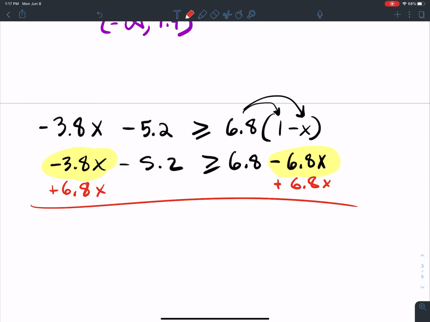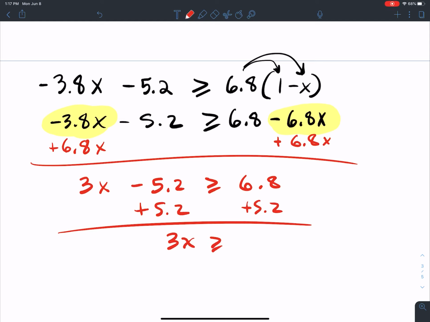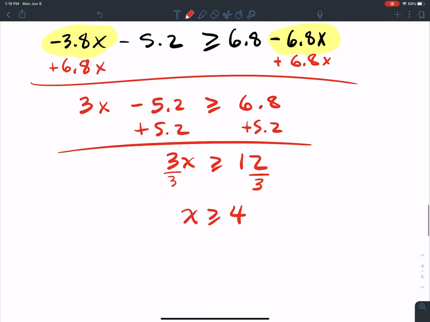That gets me 3x minus 5.2 greater than or equal to 6.8. And if I add 5.2 to both sides, I get 3x is greater than or equal to 12. And if I divide by 3, I get x is greater than or equal to 4.